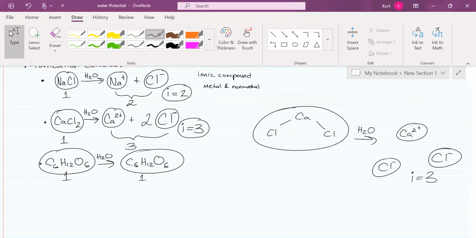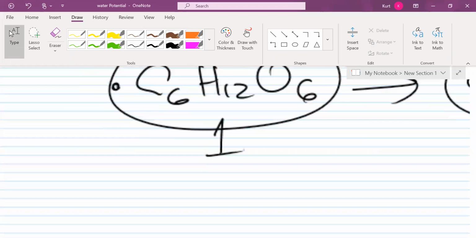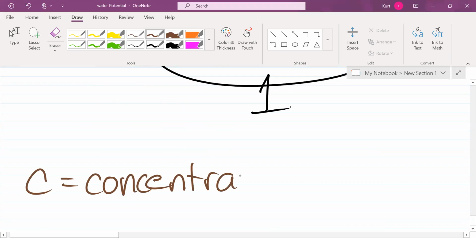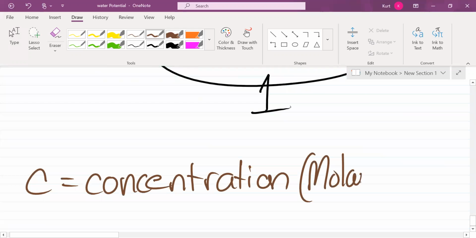All right, second variable. C stands for concentration. In chemistry, what do we measure concentration with? What is the unit of measurement for concentration? Molarity, good job. What is the symbol for molarity?